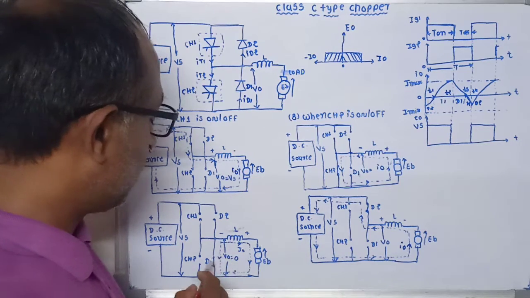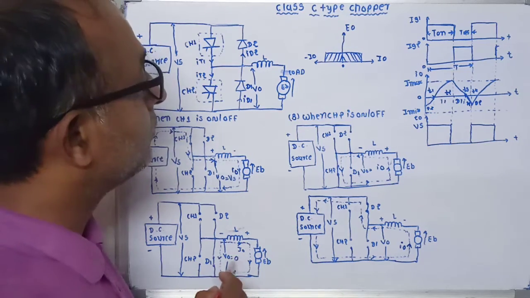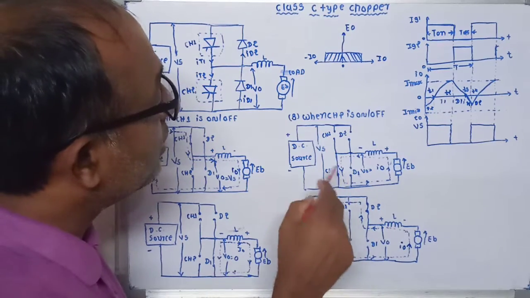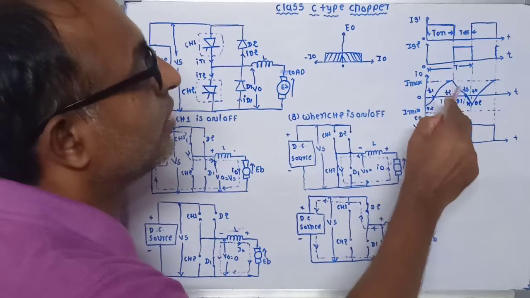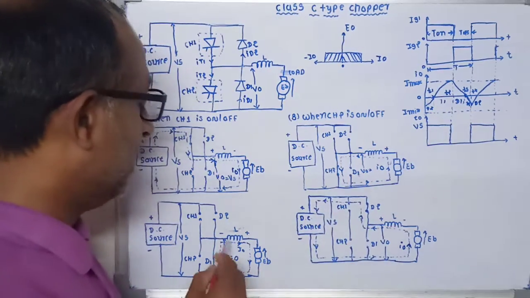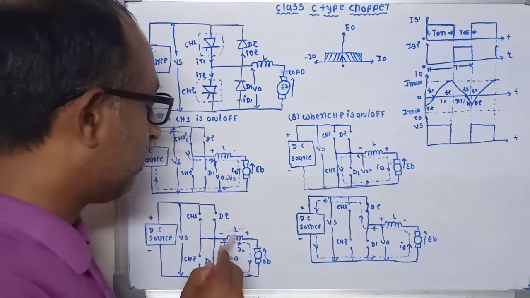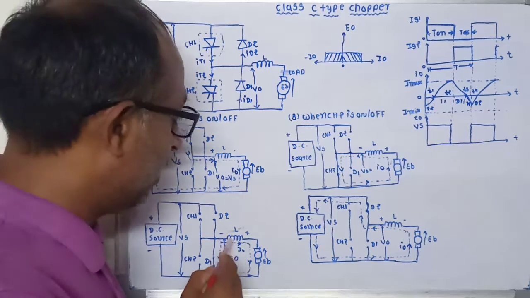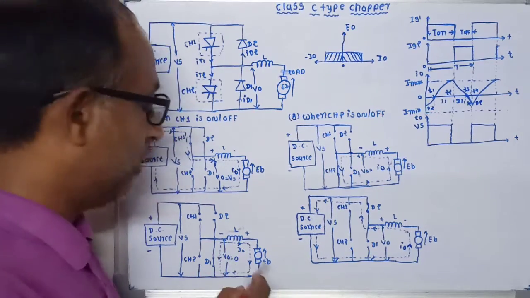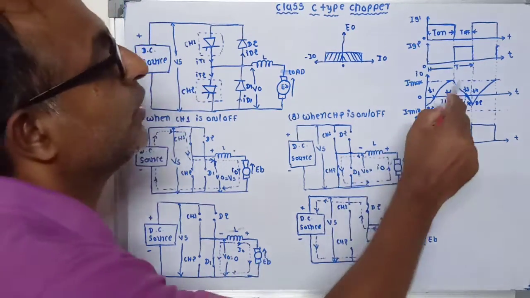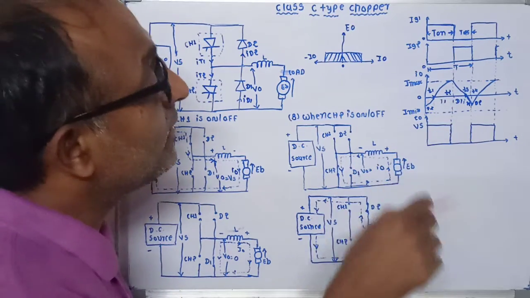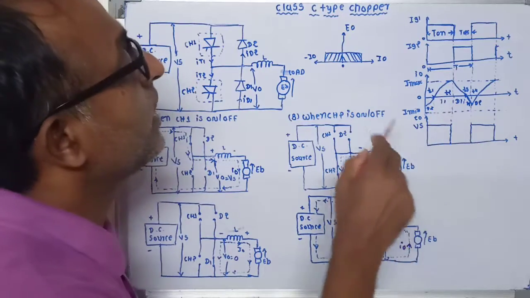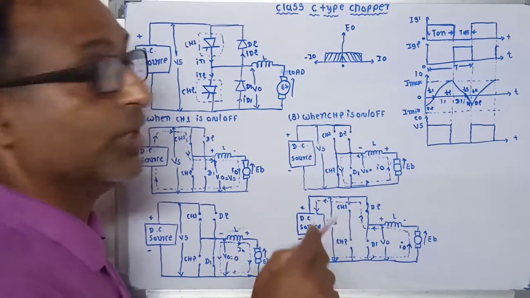Chopper CH2 turns on only after the current becomes 0, because the induced EMF across the inductor will be equal to the back EMF. Then the current reaches 0 value, and at that time thyristor T2 is turned on.